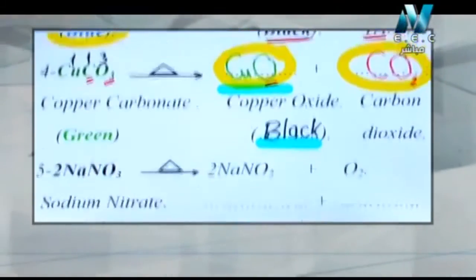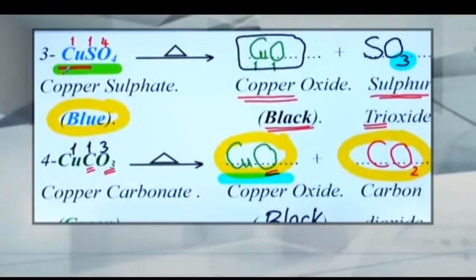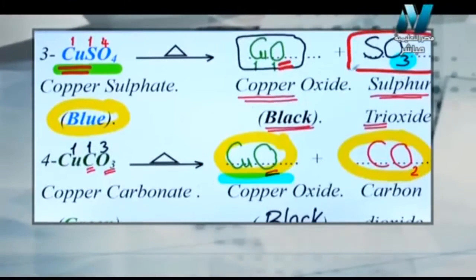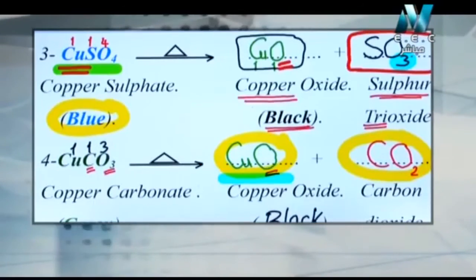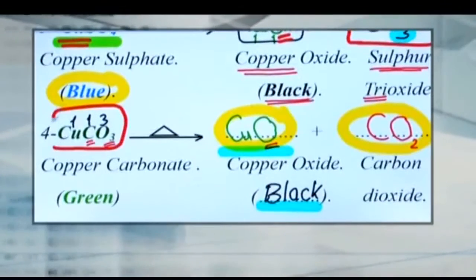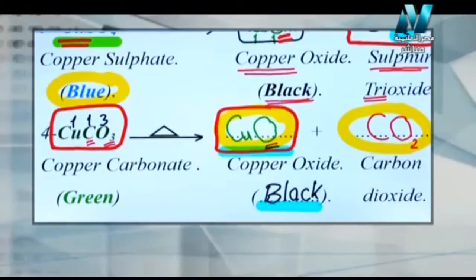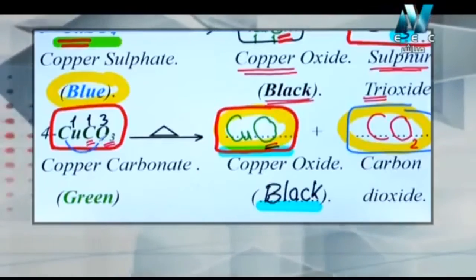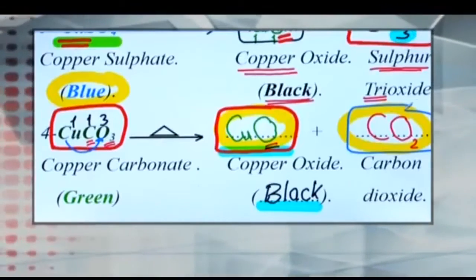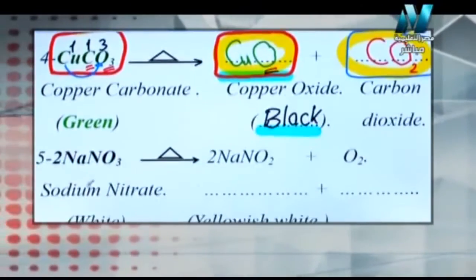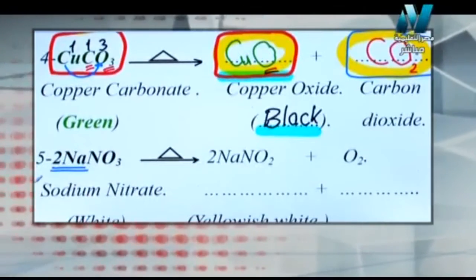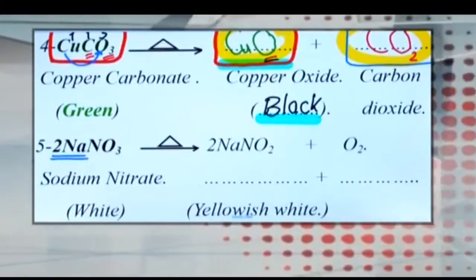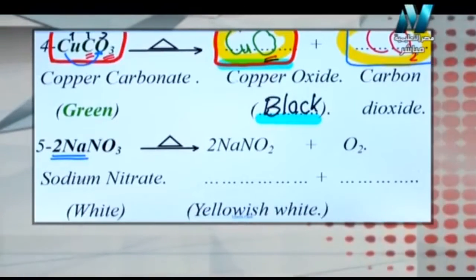Copper always takes only one oxygen atom and leaves the rest, like carbon dioxide. But sodium is not like that. Sodium is a monster. It will take everything and leave only one oxygen molecule. So here by heating sodium nitrate.